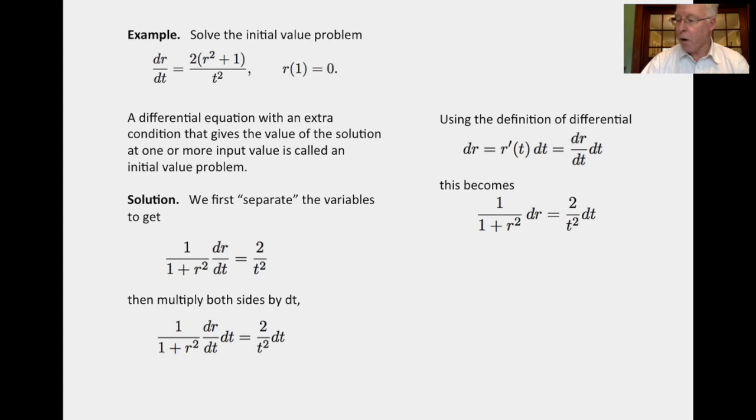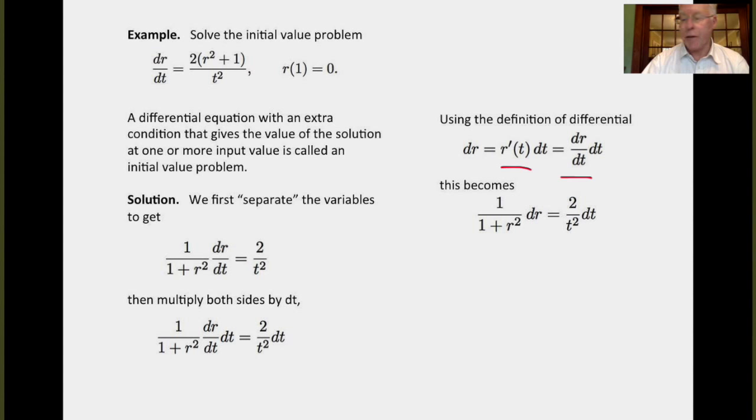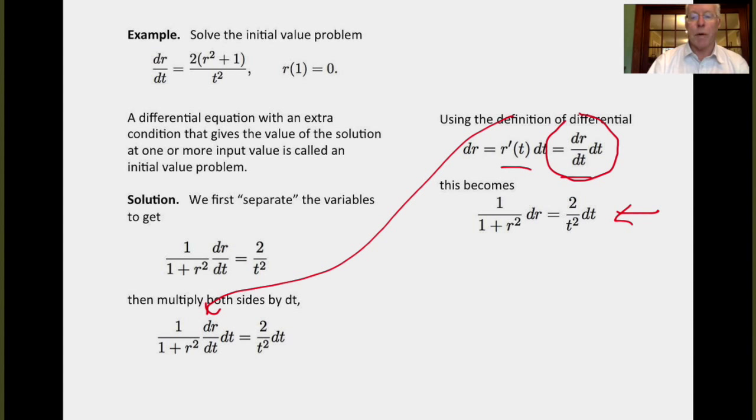The differential of r, dr, is given by r prime of t dt. And of course, r prime is dr/dt. So we have dr is dr/dt times dt. We're going to take this expression dr/dt times dt that we see here, replace it by dr, and this gives us our separated form.